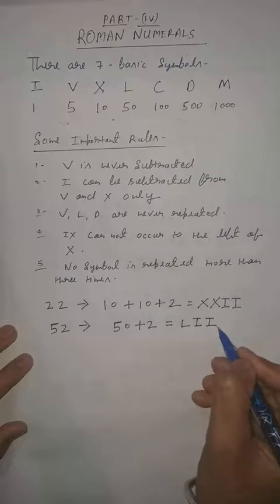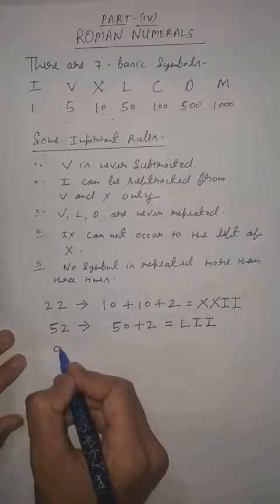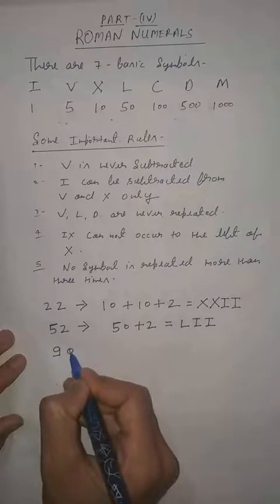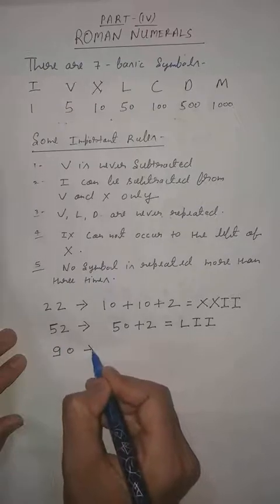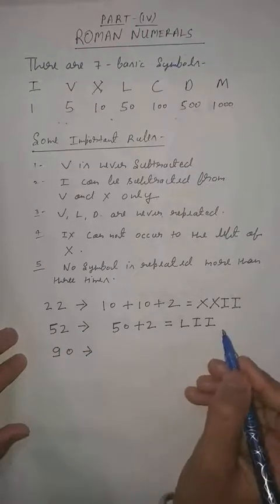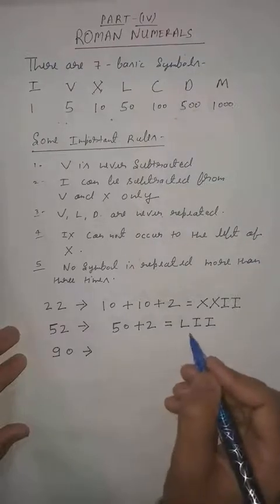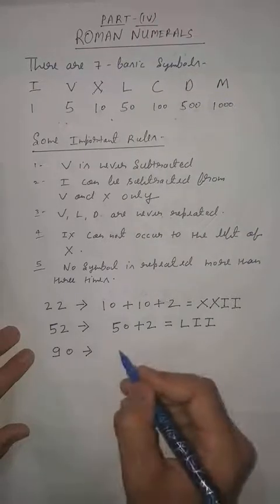Acha, now if you have to write down 90, how will you write it? Remember, if you write anything to the right hand side, it means you are going to add. If you write to the left hand side, it means you are going to subtract.